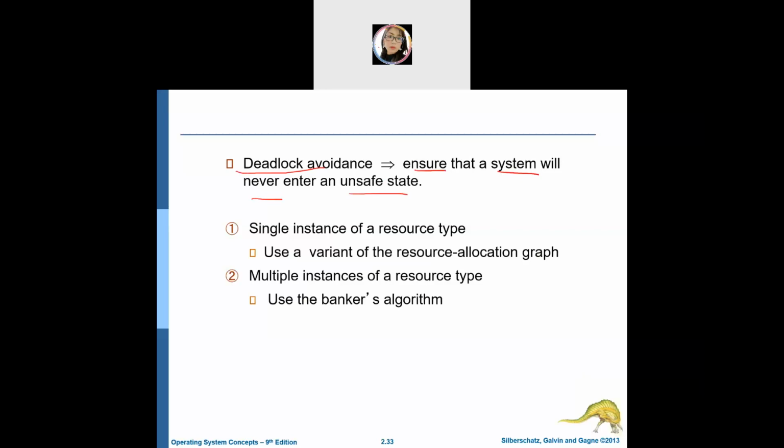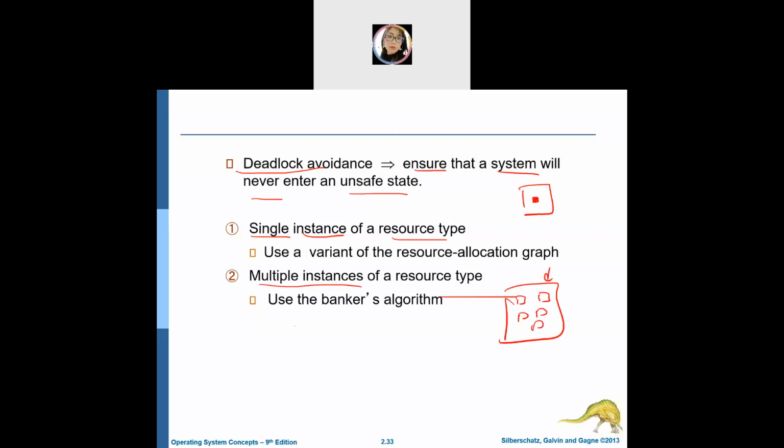There will be two cases. First, a single instance of a resource type, which is just now, like this, when you have only one instance in your resource. And if you have multiple instances, it depends. You can have at least 2, 3, 4, 5 instances in one resource.